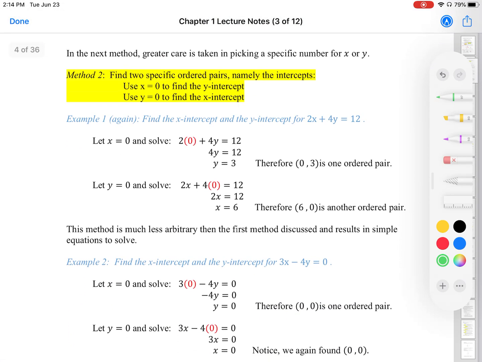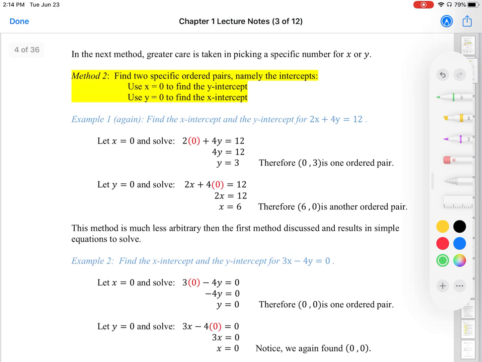Let's do another method. In the next method, greater care is taken in picking the specific number for x or y. Method 2. Find 2 specific ordered pairs, namely the intercepts. What are the intercepts? Well, we have our Cartesian plane.